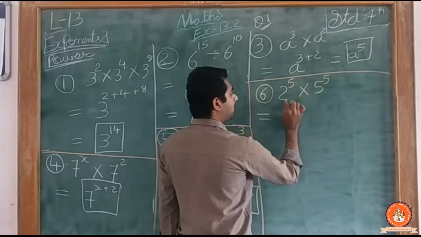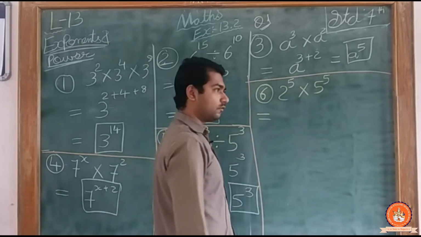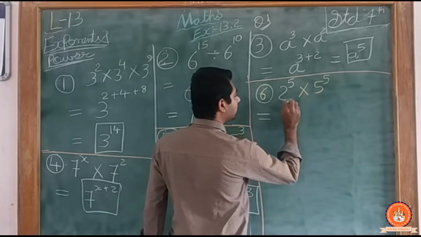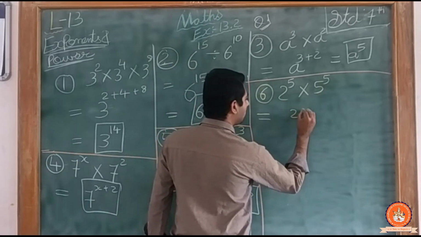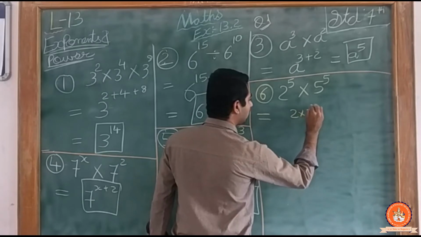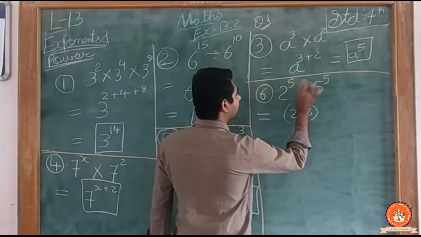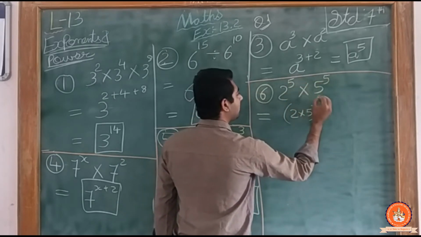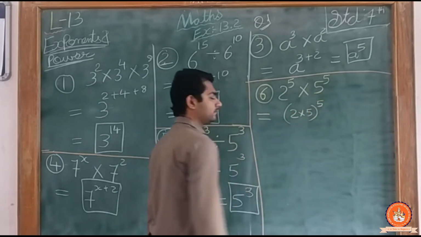The powers are the same, the bases are different. So what we have to do is multiply both these bases: 2 multiplied by 5, in brackets, whole raised to 5. Both the powers are the same, so I will write only one power here.